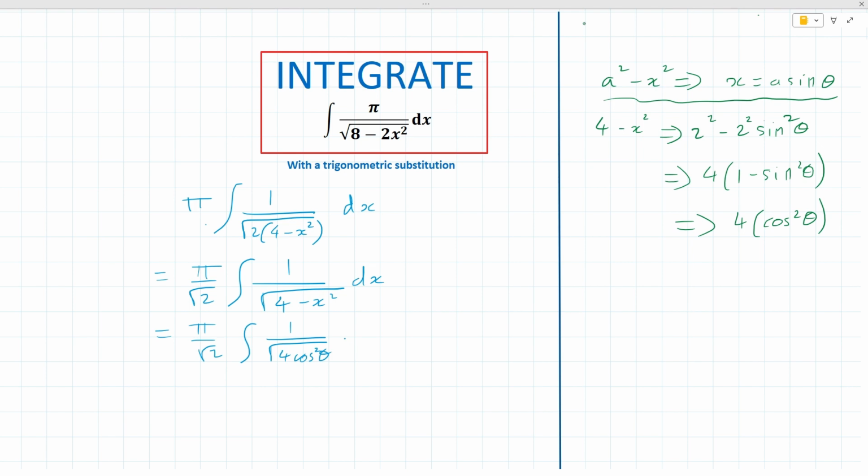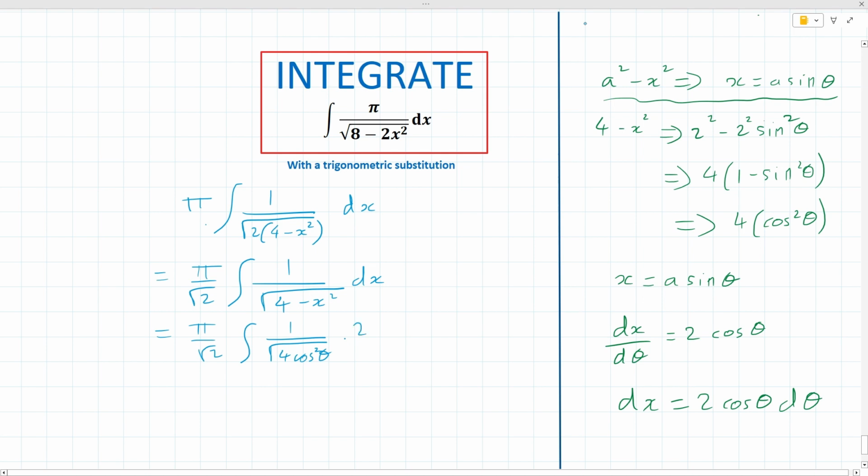We know that x is equal to a sine theta, and therefore dx by d theta is going to be equal to a cos theta. In case the a value here was 2, this is 2 cosine theta. So we can simplify our dx as 2 cosine theta d theta and replace that value back into our equation. So our dx value here becomes 2 cosine theta d theta.